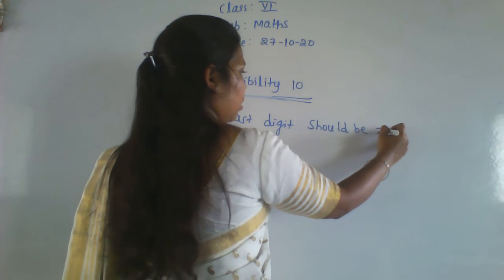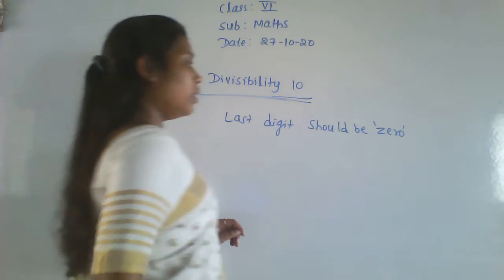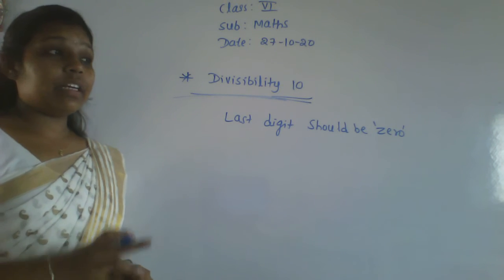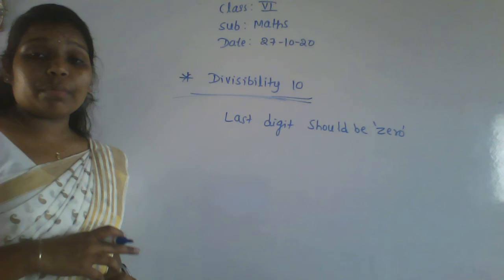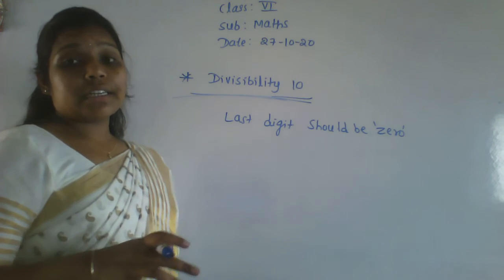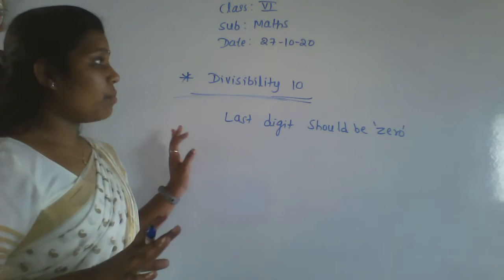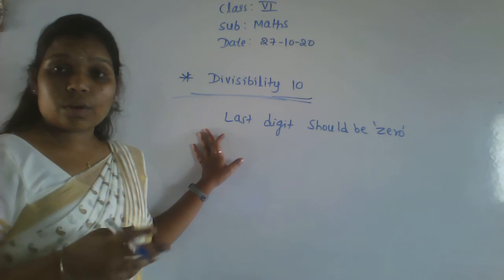The last digit should always be 0. If the given number contains 0 as its last digit, then only we can say that the number is divisible by 10. Otherwise it is not divisible by 10.